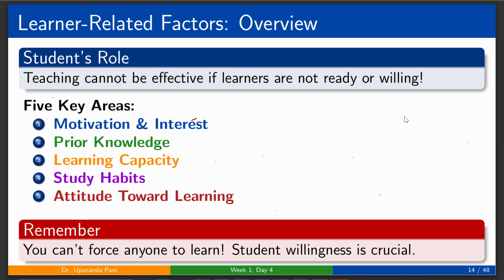These 5 factors are the traits which help a student to actually be a good learner, right? Now, you cannot force anyone to learn, unless the student's willingness is there. So students' willingness is the most crucial.